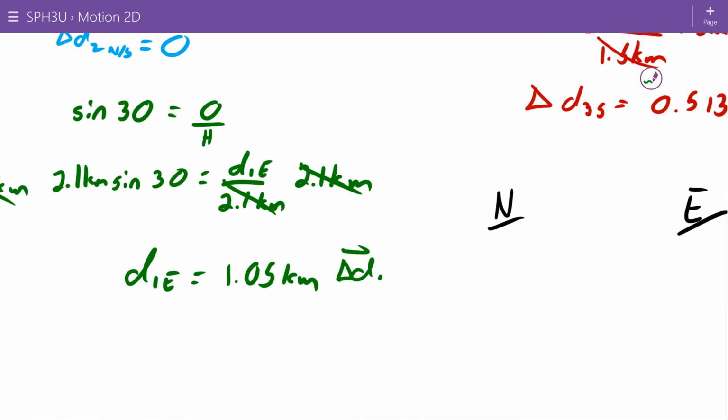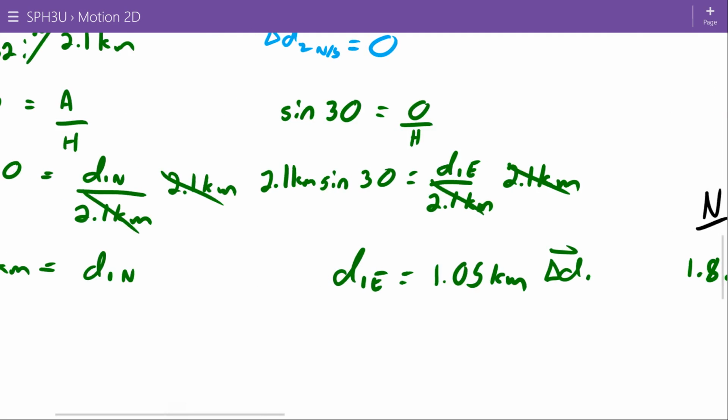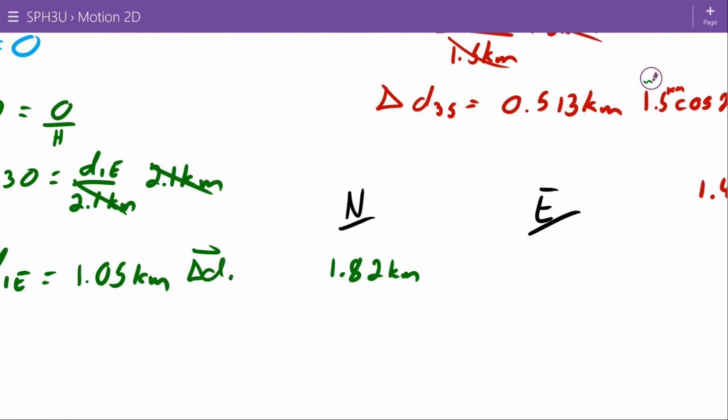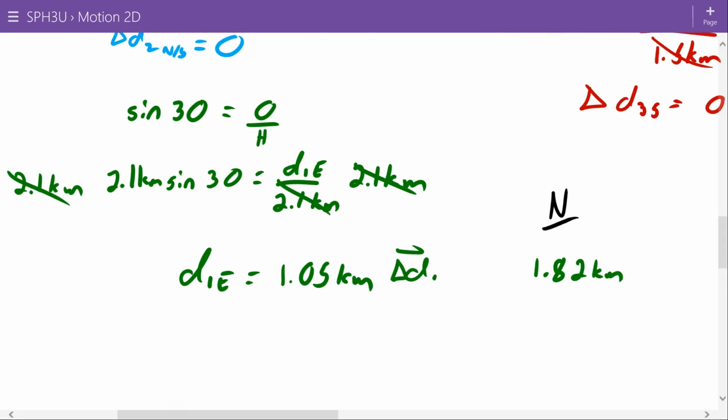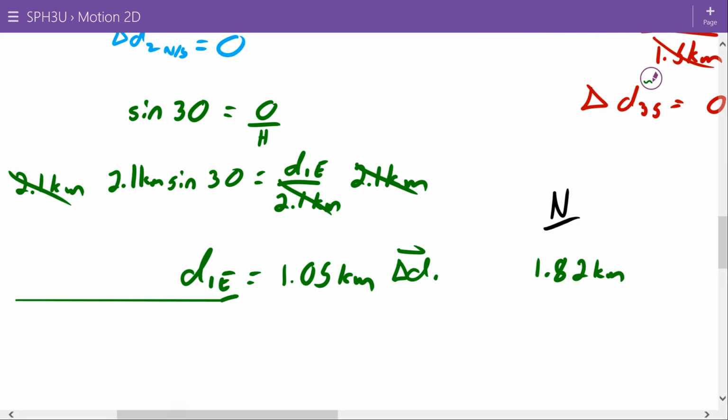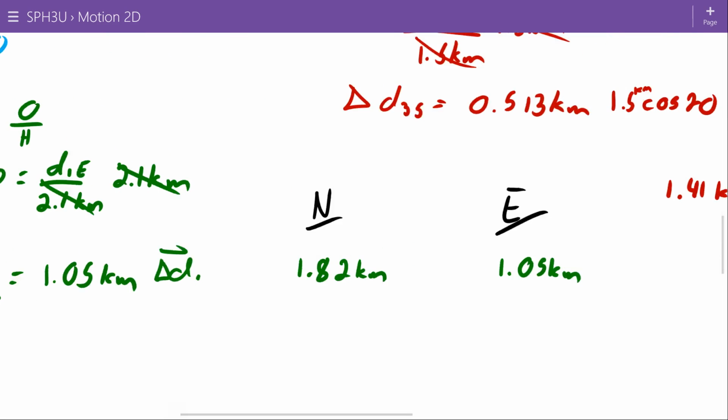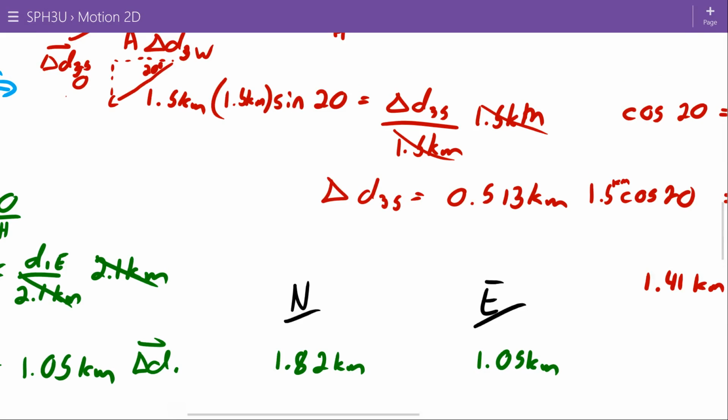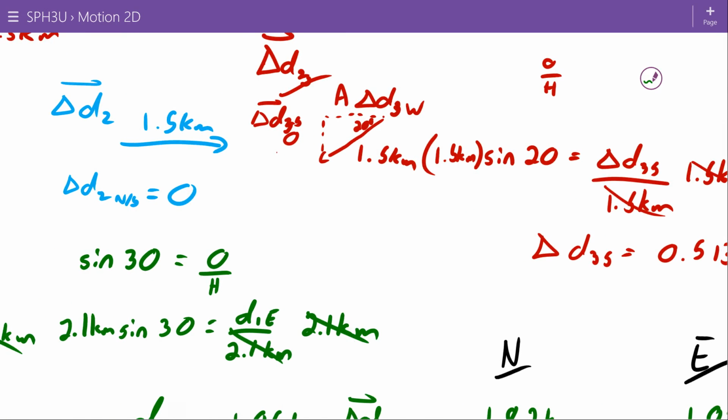So I've got 1.82 kilometers, and it's north, which means I'm going to leave it as a positive. This one's 1.05 kilometers. It's east, so I'm going to leave it as a positive. Delta D2 is a relatively straightforward one.